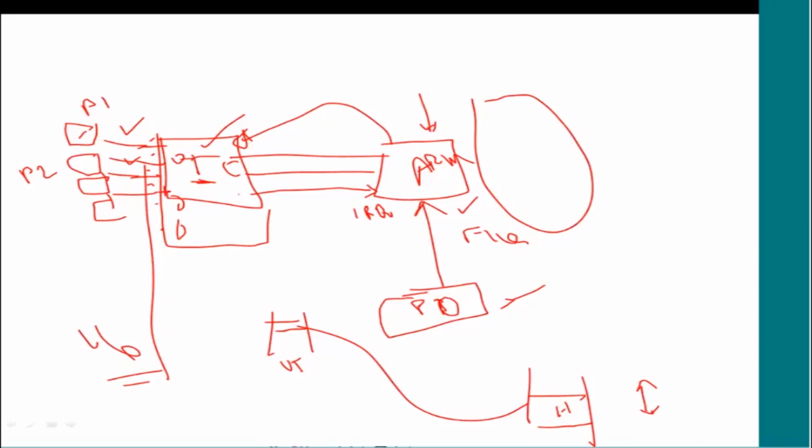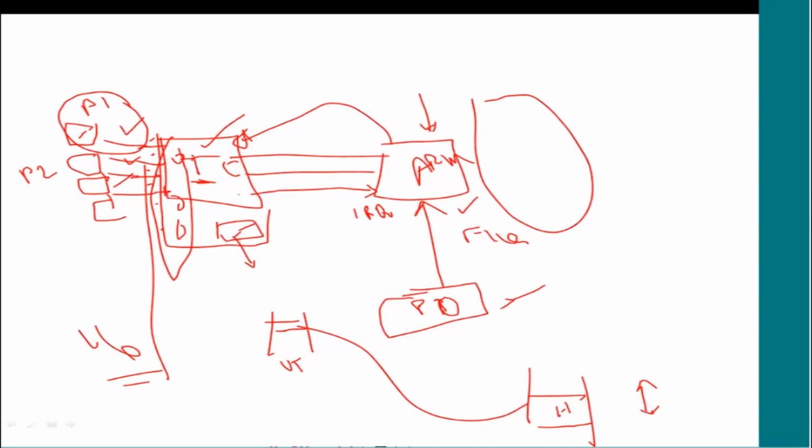So the job of the interrupt controller is to monitor multiple peripherals connected to it and then generate the interrupt, and then the processor comes back and reads the status register, or which interrupts are enabled. It looks at those register values in the interrupt controller, and based on the values it takes a decision. Okay, both P1 and P2 have now generated an interrupt, but I am most interested in P1 first.